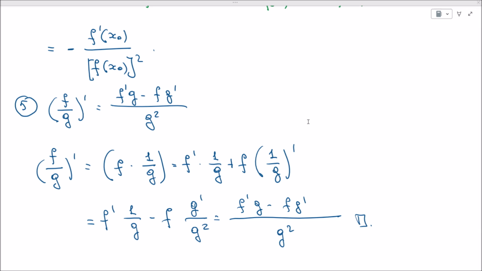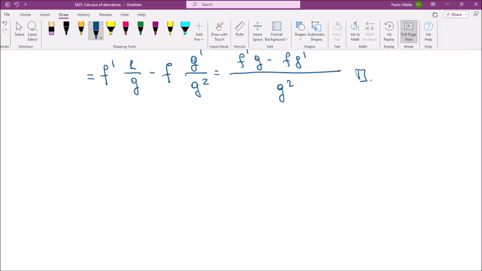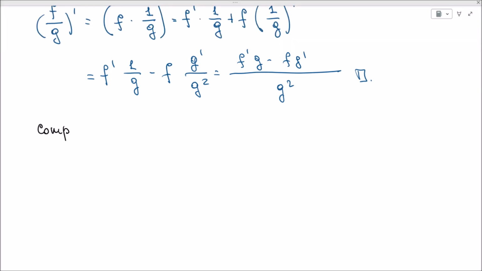Now, there is an important theorem which we will state, but we will not prove because we don't have the tool yet. This will be proved much later in the course, and this theorem is about compound functions. So we want to take the derivative of a compound function.